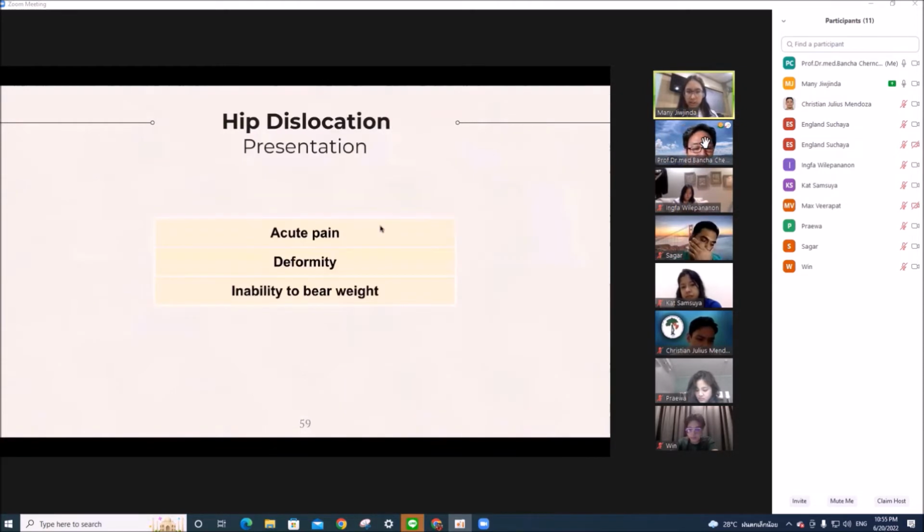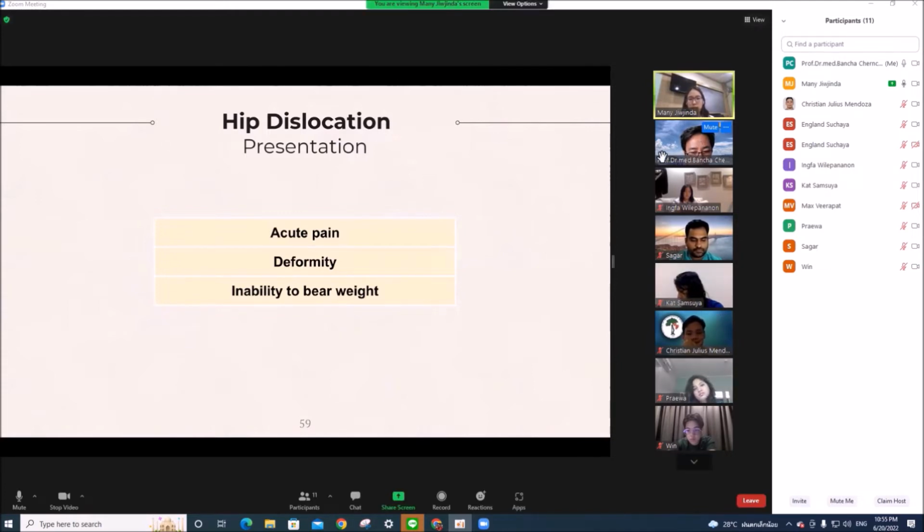Very good. Okay, so for presentations, pretty simple. Usually the patient will present with three things: acute pain, deformity, and inability to bear weight. Pain is obvious because sometimes the dislocation is also associated with tendon tear, and it can also be associated with knee injury, so sometimes the pain radiates to the knee. Inability to bear weight is because the hip joint is a crucial weight bearer.